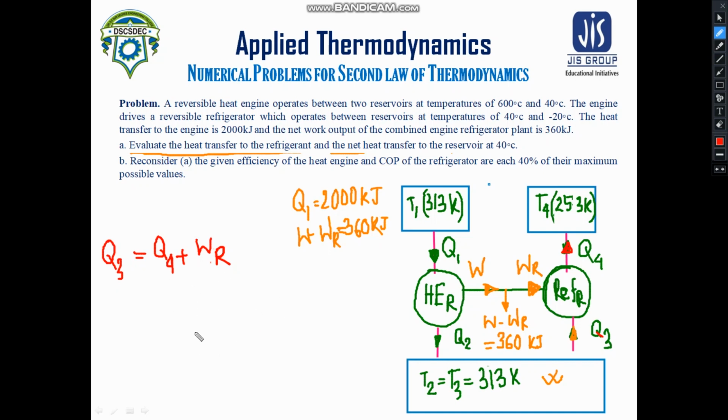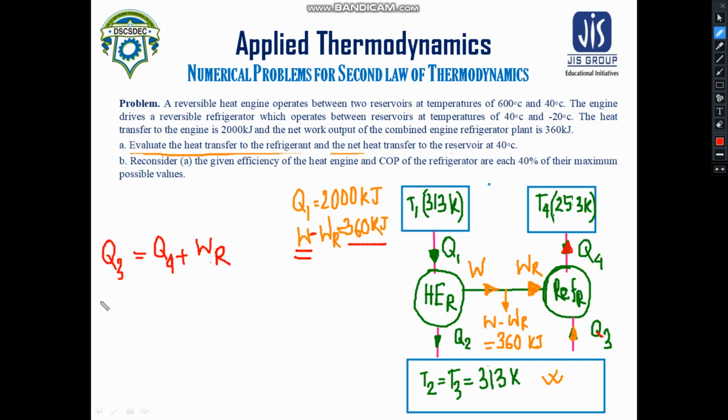Now you need to calculate both Q4 as well as WR. You don't know these two values. Now there is a relationship which indicates W minus WR is equal to 360 kilojoule. If somehow you can calculate this W, then you will be able to find the value of this WR.